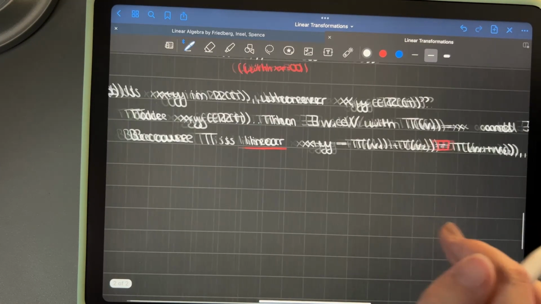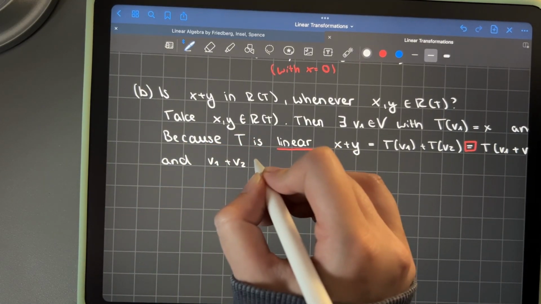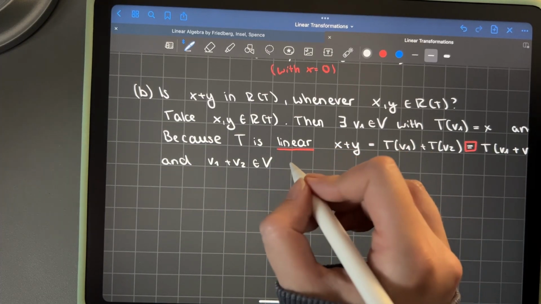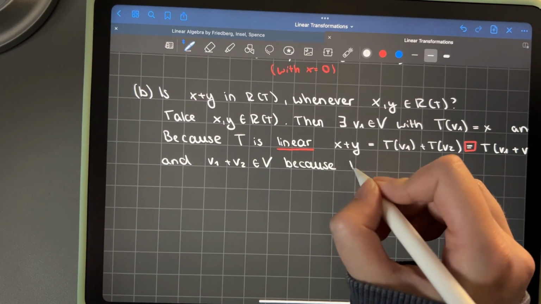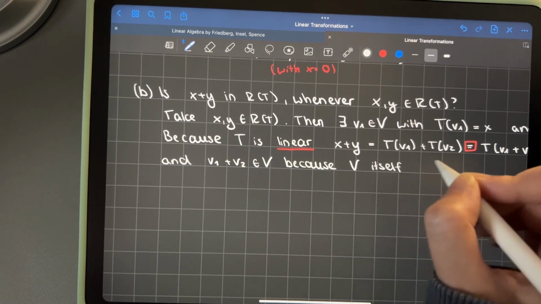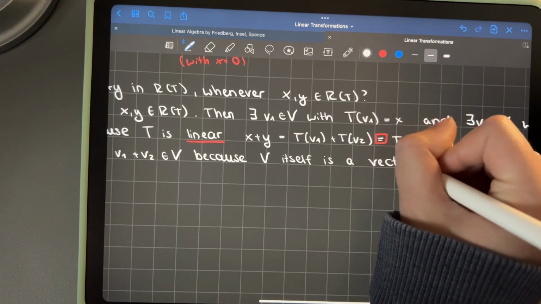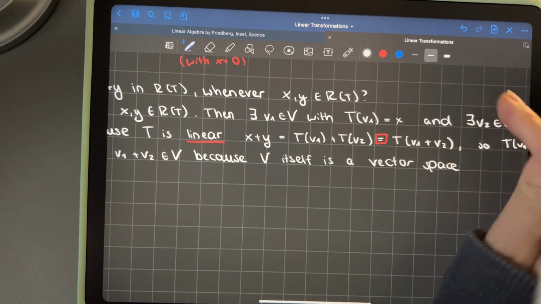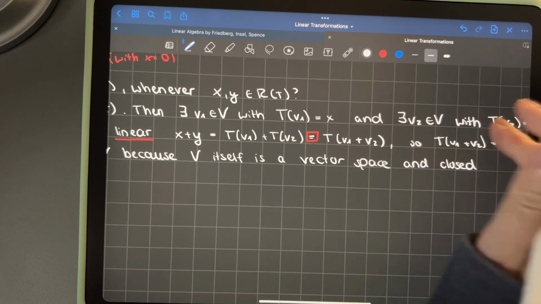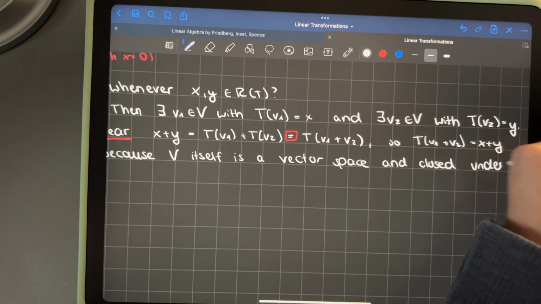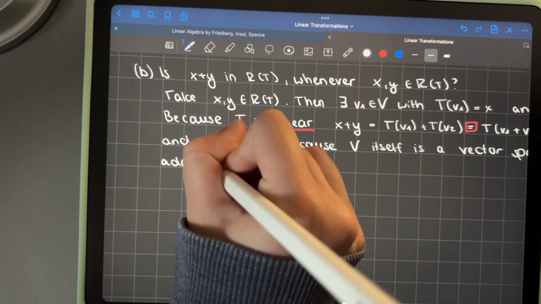And V is a vector space, and as such closed under addition.